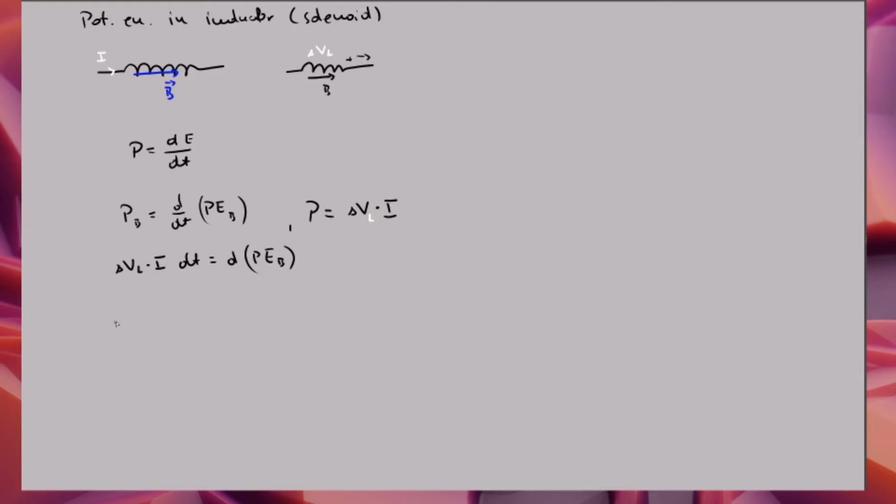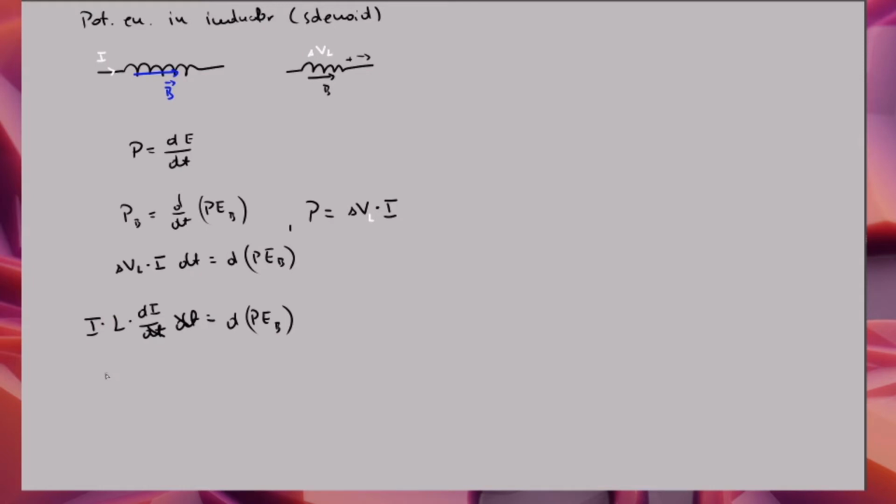The magnitude of the voltage across the inductor is going to be L times dI/dt, dt equals d of the potential energy stored in the magnetic field. Oh, that's right, I'm missing something. I need to have I in here. This I is what I forgot to write here.